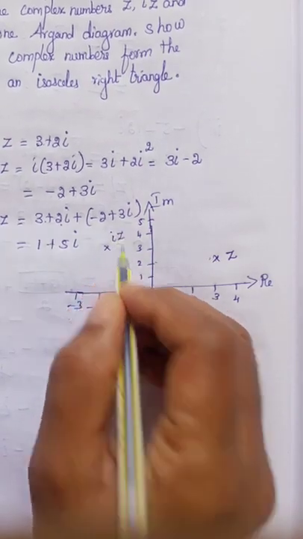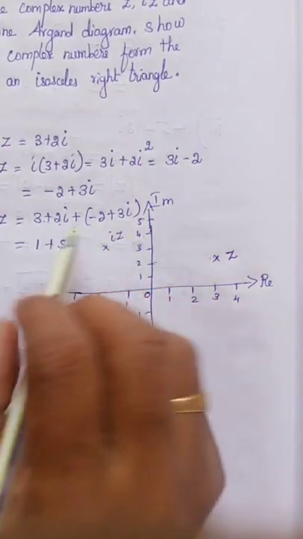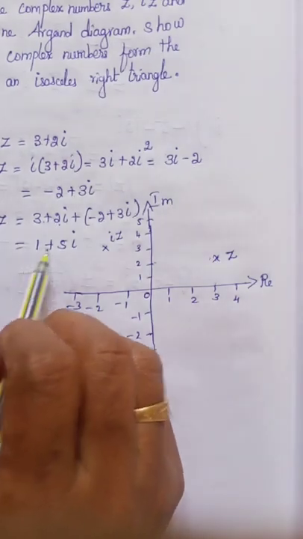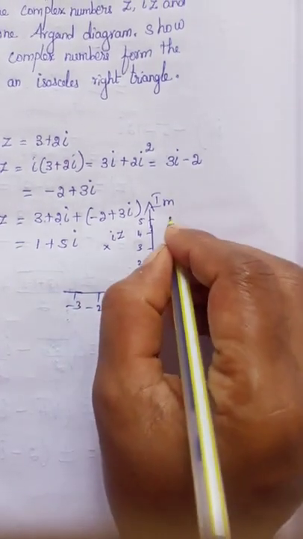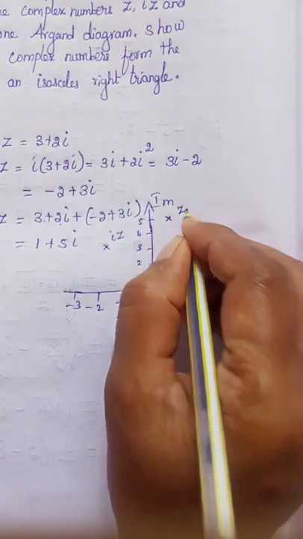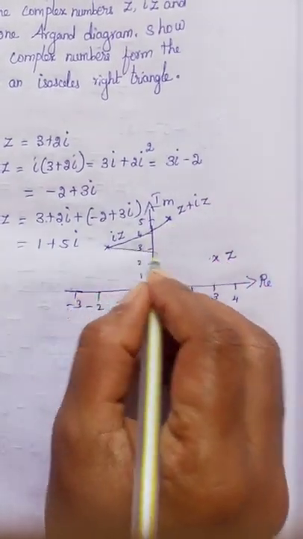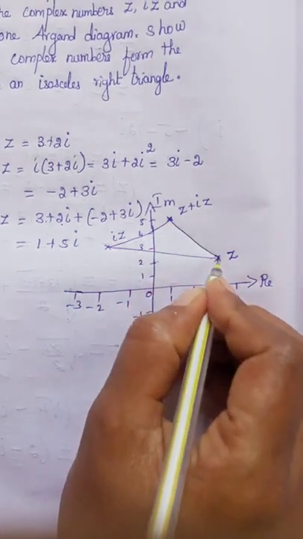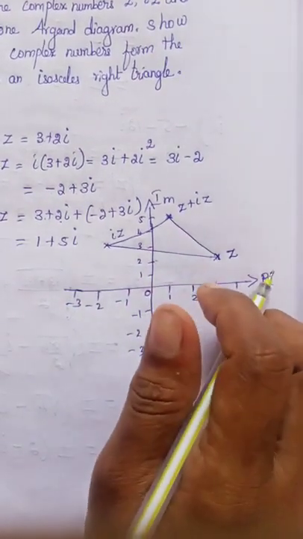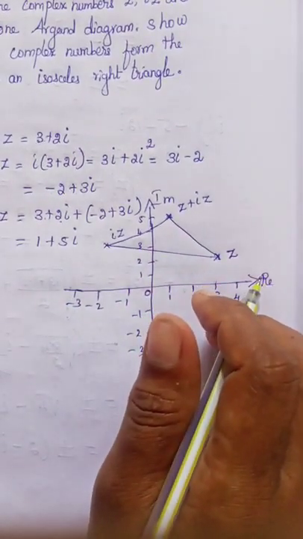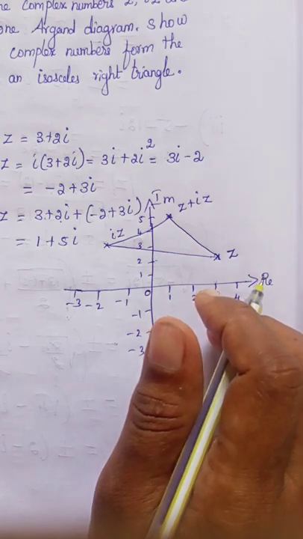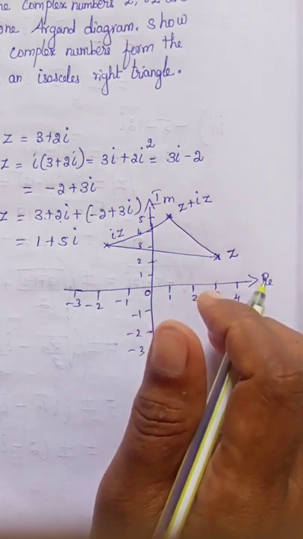This is iZ. Z plus iZ is 1 comma 5. So this is Z plus iZ. We have represented this in the Argand diagram, so the first part is over.